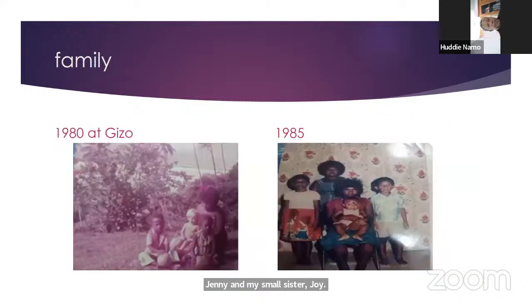The picture on the left is myself when I was a little kid, with my sister Jenny on the right, and a small kid from New Zealand, I think. The picture was taken at Gizo around 1980, when my father was posted at Gizo.